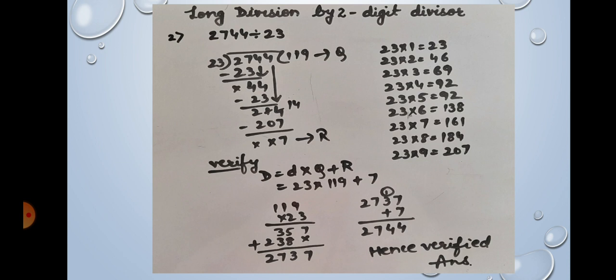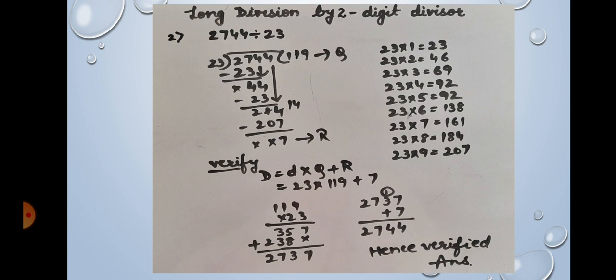After that we will subtract 23 from 27, we will get 4. After that 4 would be placed along with the digit 4. Now again 23 ones are 23, so 44 minus 23, we will get 21.